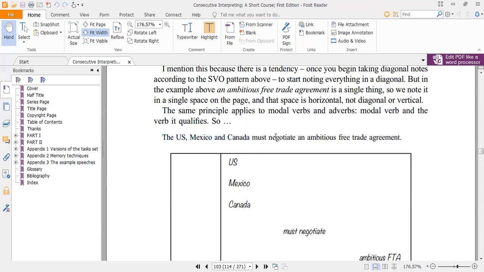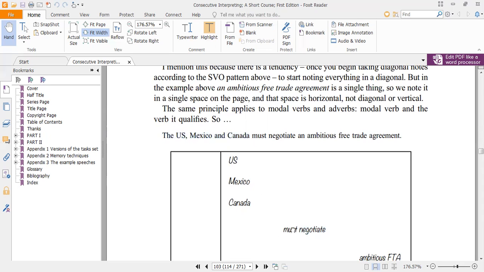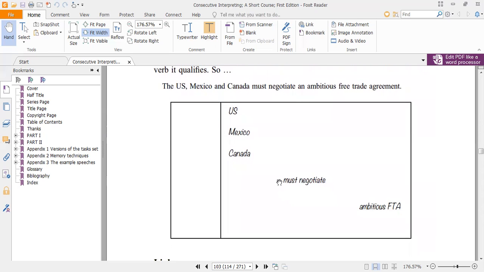Then must and negotiate. Negotiate is the verb. We write it in the middle, and must is a modal verb, written in the middle also, beside the verb. And finally, free trade agreement, and the adjective ambitious is written beside the free trade agreement, as you see.